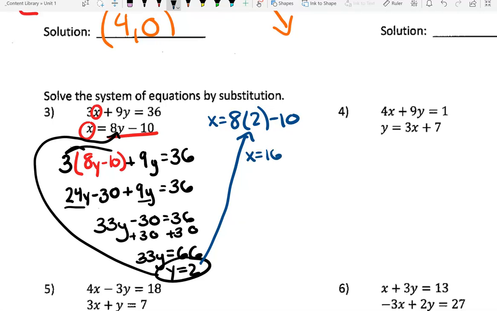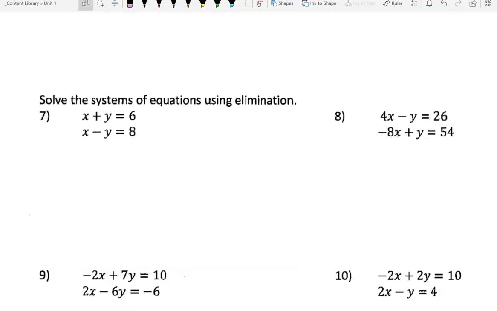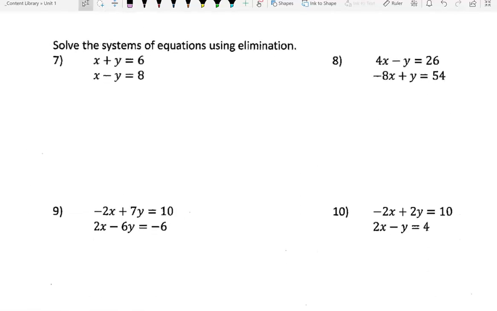X equals 16 minus 10, and x equals 6. So again, that's my solution. It is a point on a graph. So it's 6, 2. If you want to check it, you can plug it in to make sure. That's substitution.